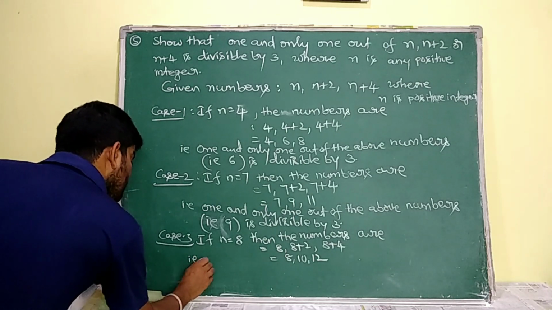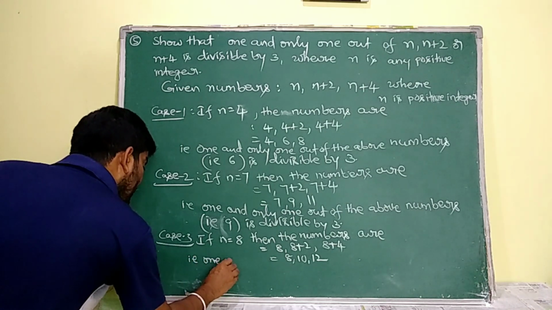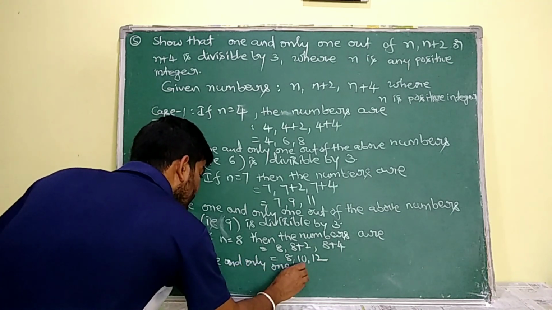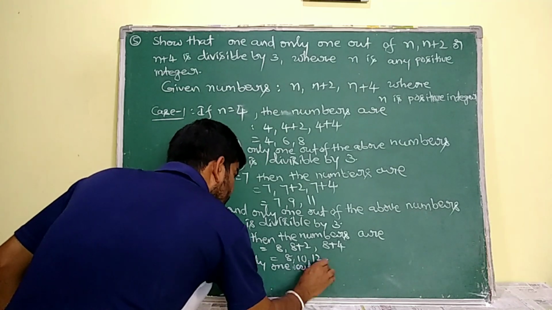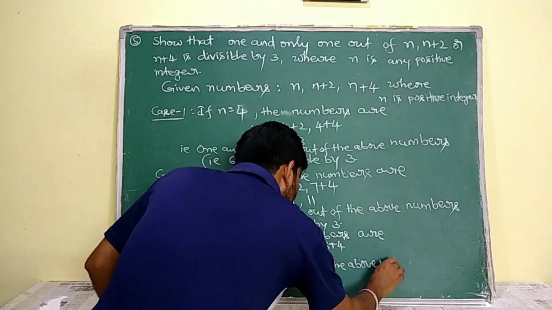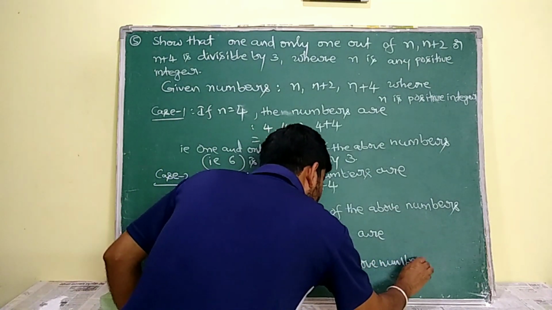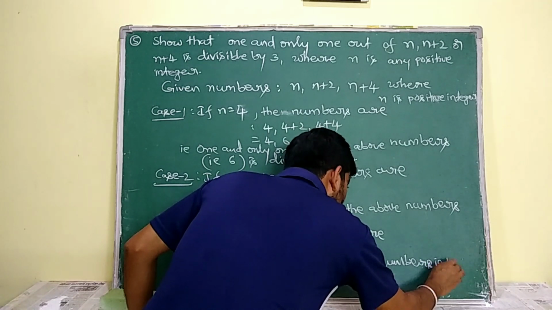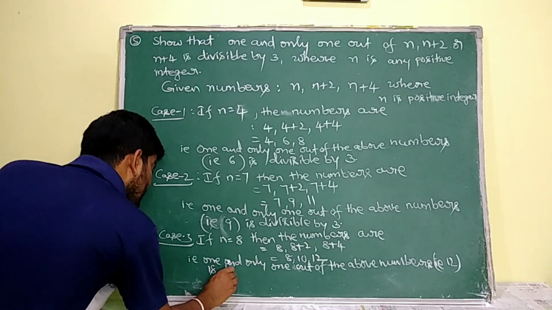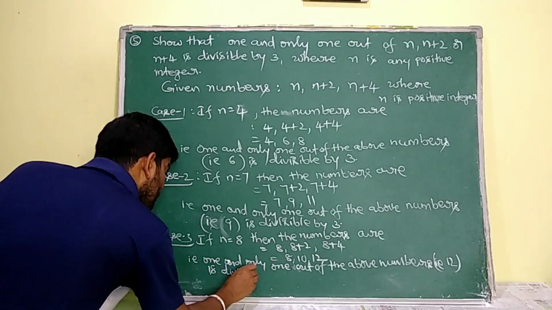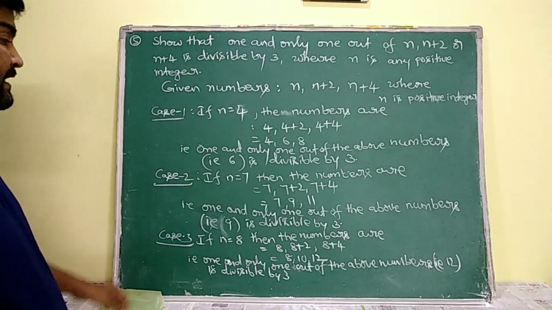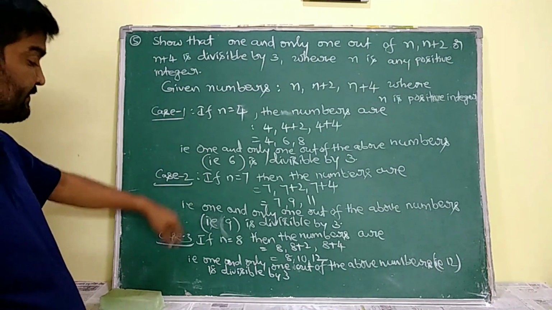So that is 1 and only one out of the above numbers, that is 12, is divisible by 3. Just we considered three different cases.